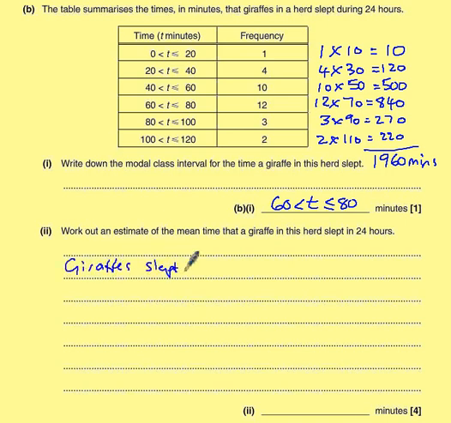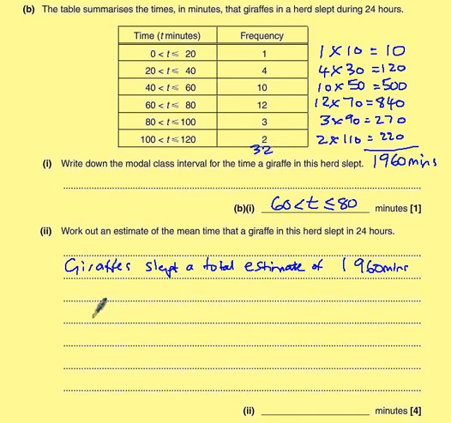So we now need to add together 1 plus 4 plus 10 plus 12 plus 3 plus 2 to give the total number of giraffes of 32 giraffes.